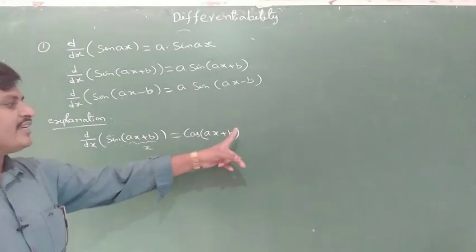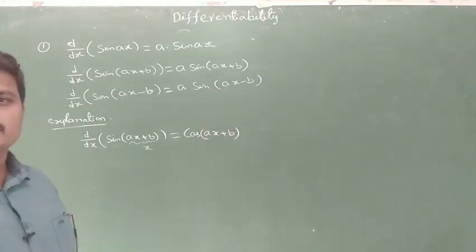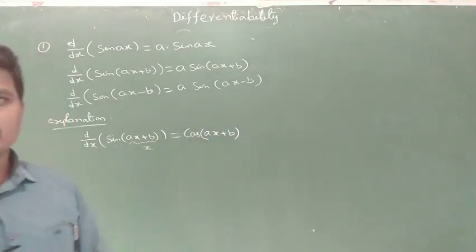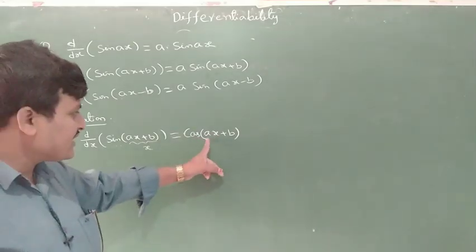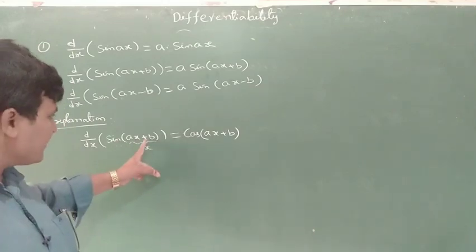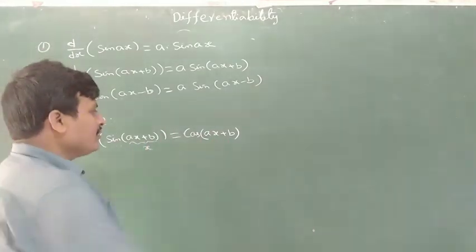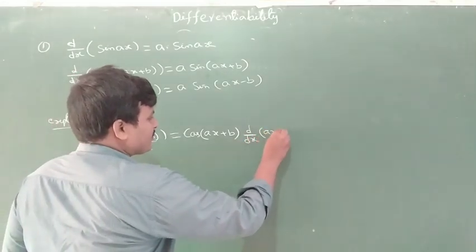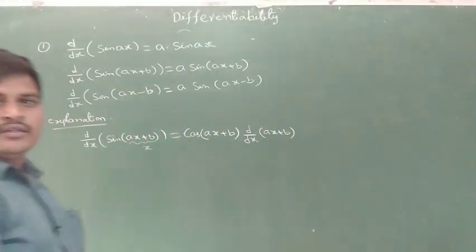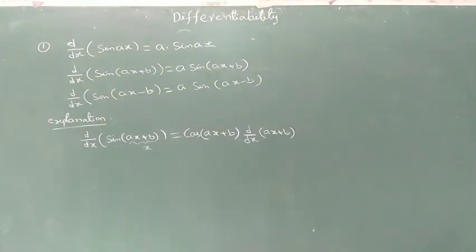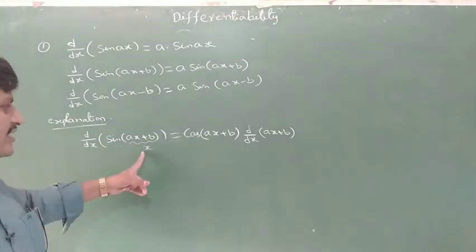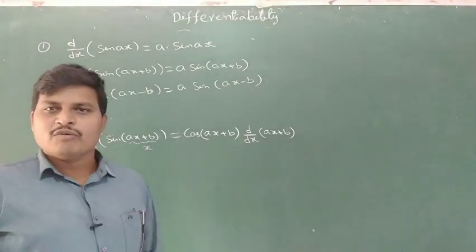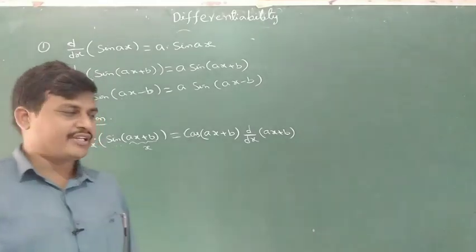When the problem is completed, the total derivative is multiplied by one more derivative: once again, the derivative of x, where x means ax plus b. Normally the derivative of x is 1, and 1 into 1 is not important.